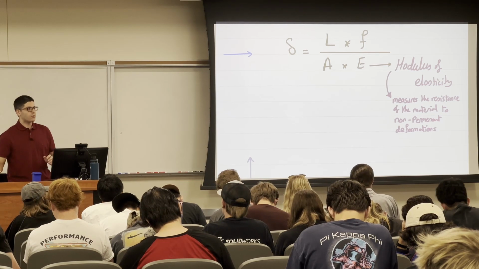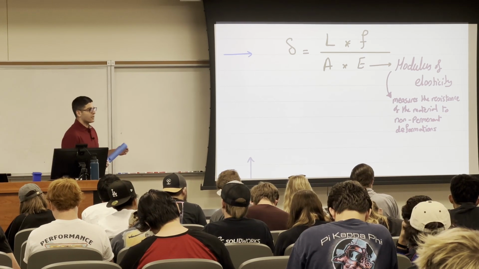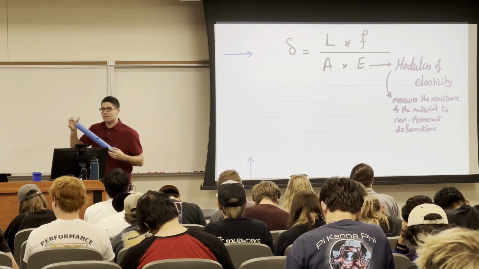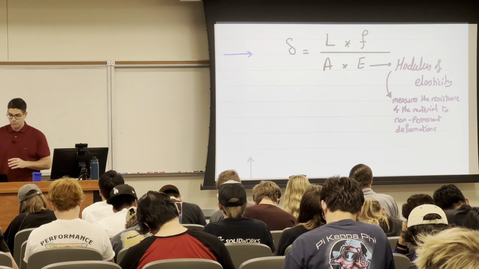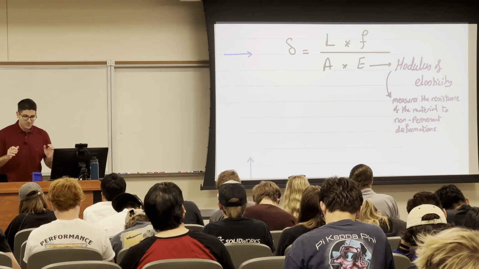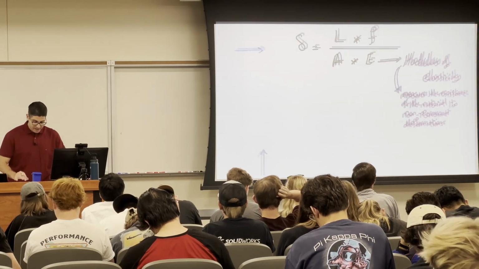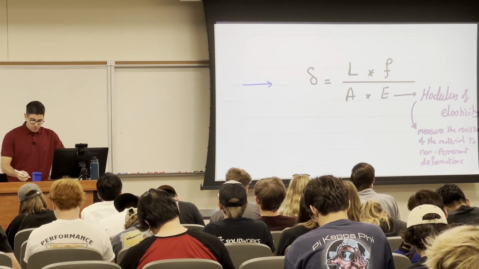And you will find me talking a lot about non-permanent deformation, making sure that when I elongate an element, it returns back. I will show you a video in a moment on why it's important to not have a permanent deformation in our structures. But let me continue now.